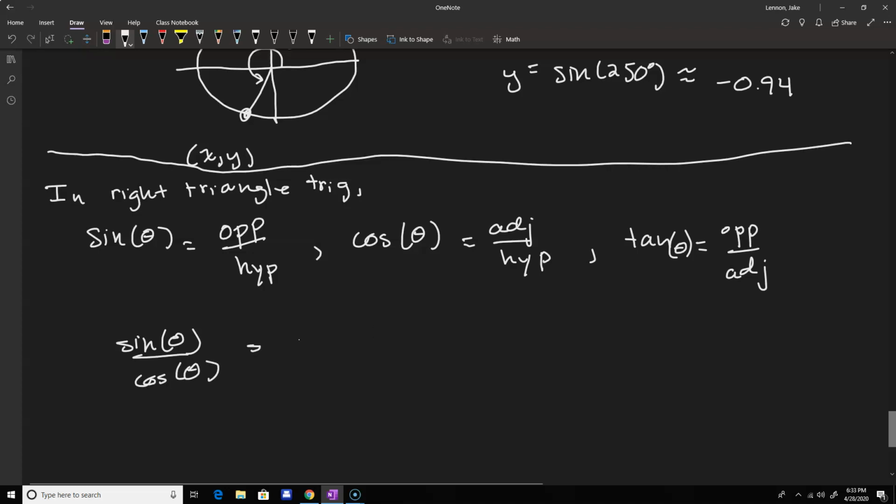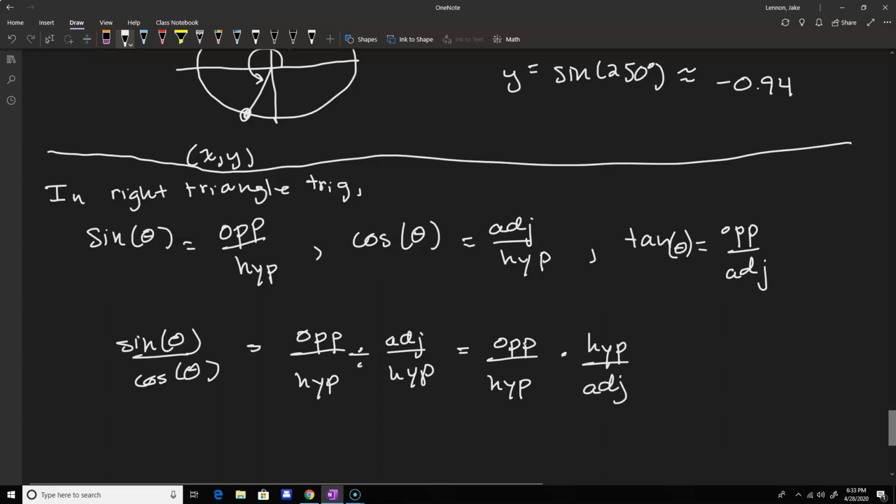We end up getting the opposite over the hypotenuse divided by the adjacent over the hypotenuse. And with fractions, we copy the first fraction, flip the second, and change that into multiplication. So notice the hypotenuses cancel, and we end up just getting opposite over adjacent. So in fact, the sine of theta over the cosine of theta in right triangle trig is just the tangent of theta.